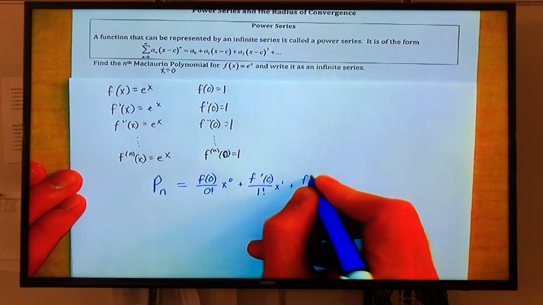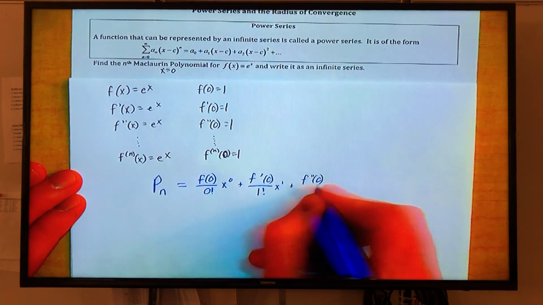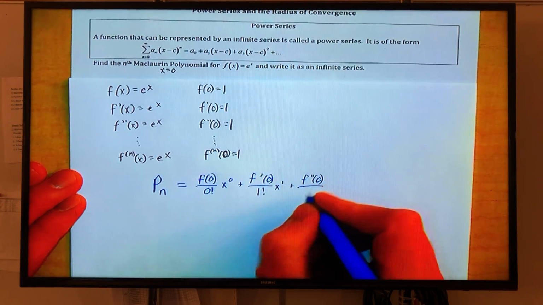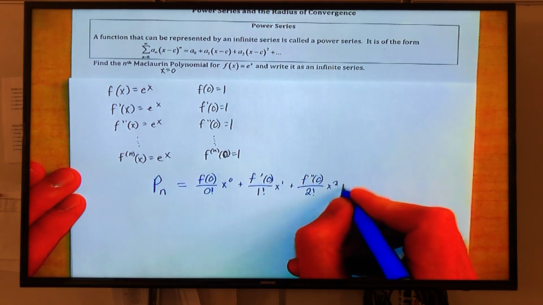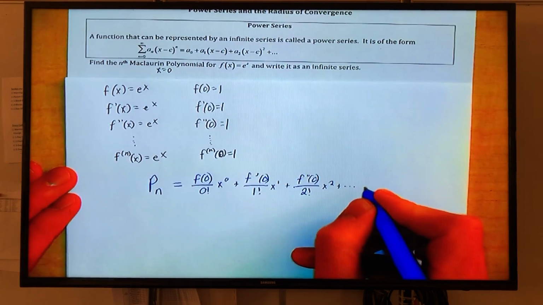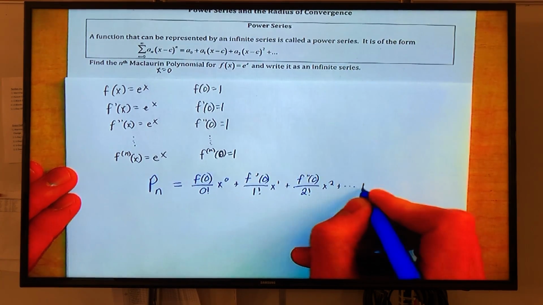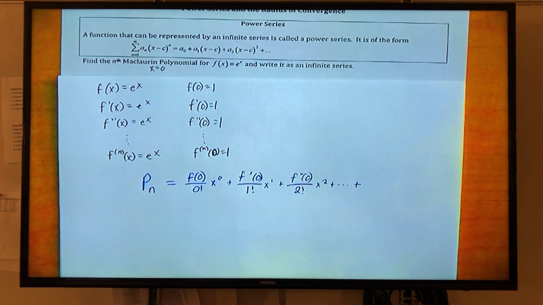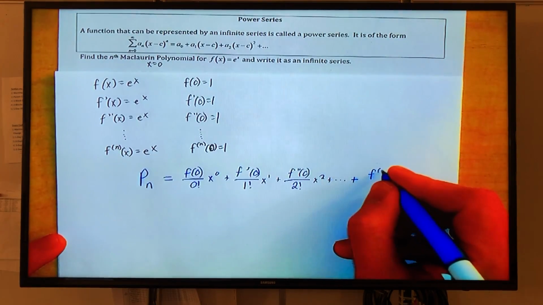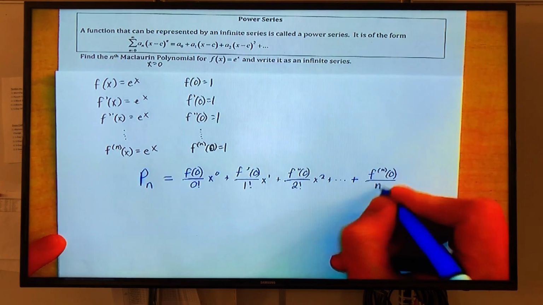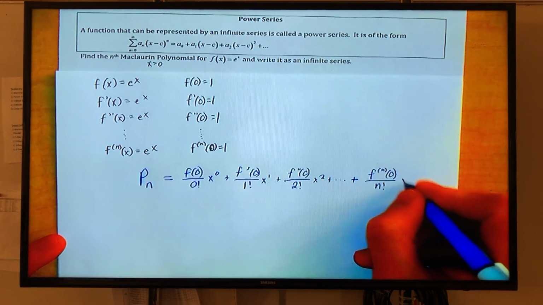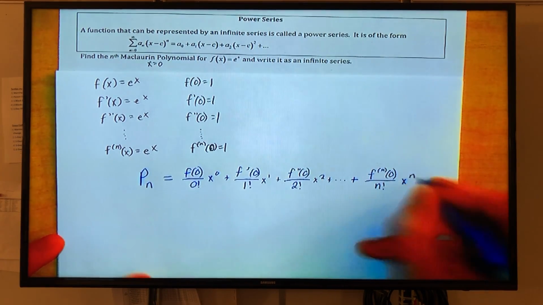And then f double prime of 0 over 2 factorial, x squared. Very clearly we notice the pattern, we know what's going on. And this is going to stop when we get to the nth term. So we're going to have the nth derivative, and that would be over n factorial, times x to the n.